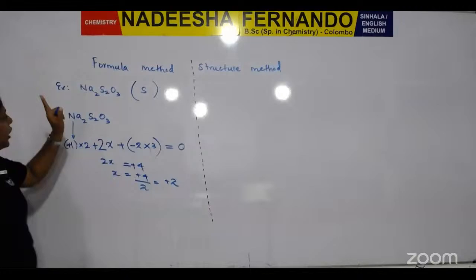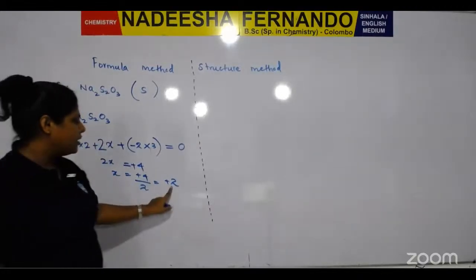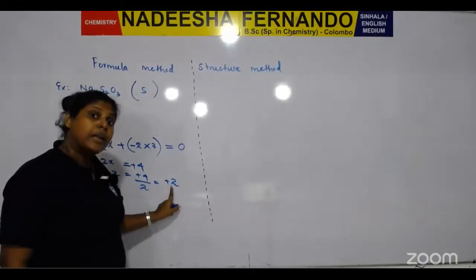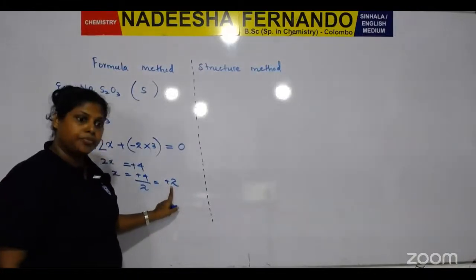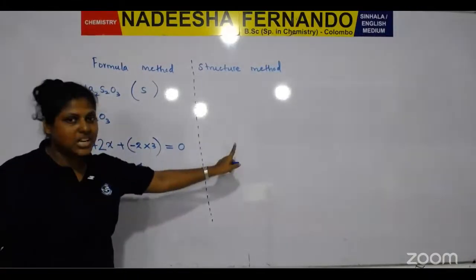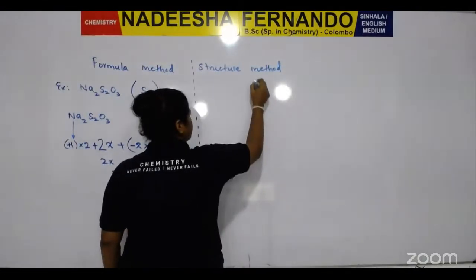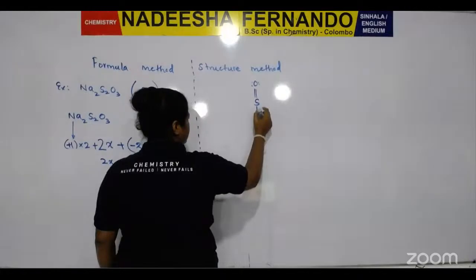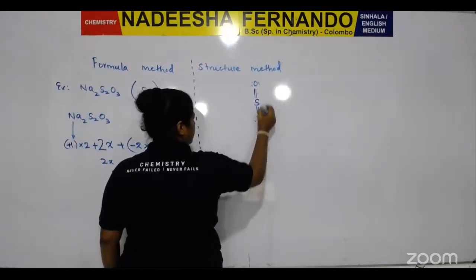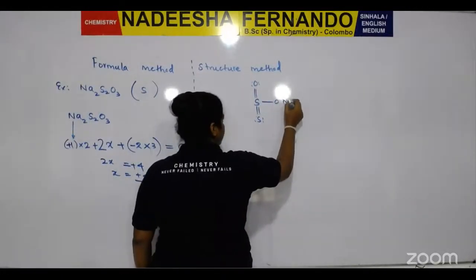There are 2 sulfur atoms with plus 2 oxidation number. But when you take the structure method, look at the board. Thiosulfate is this one. This is sodium thiosulfate.